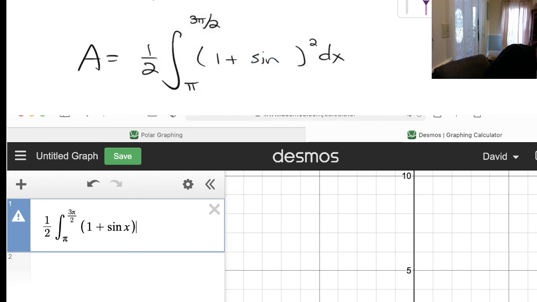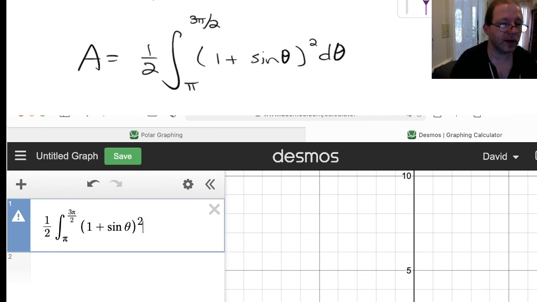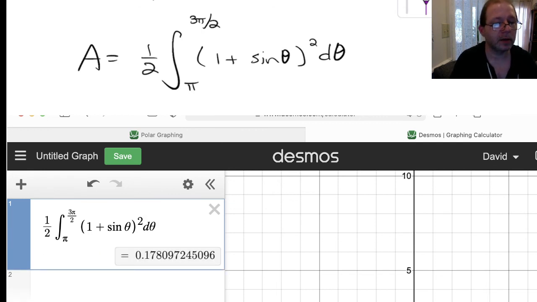Doesn't really matter as far as plugging it in, but let's keep it right. 1 plus sine theta quantity squared d theta, and it gives me 0.178 something. 0.178. We'll just round it there. We'll use a squiggly equal.